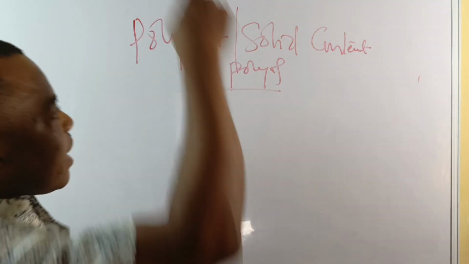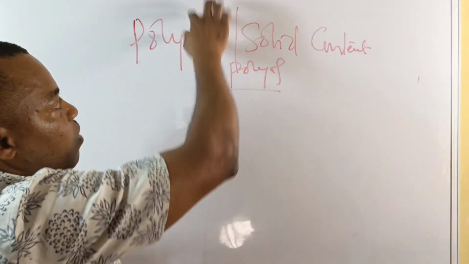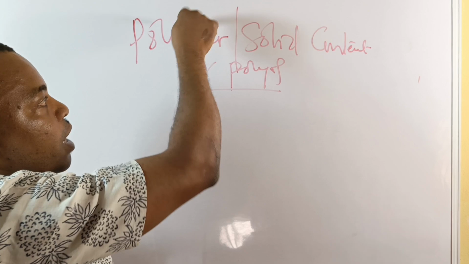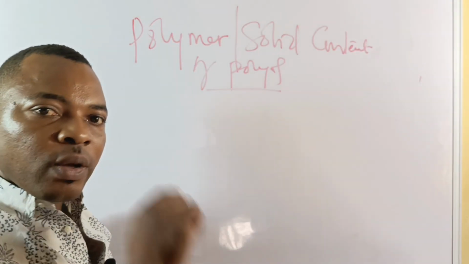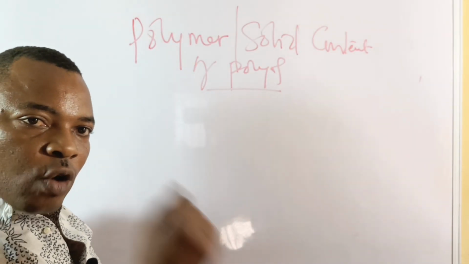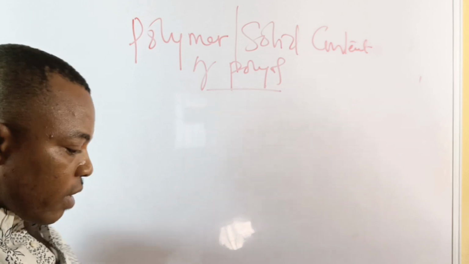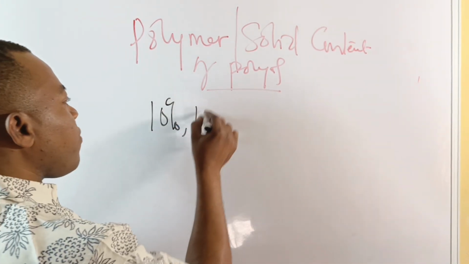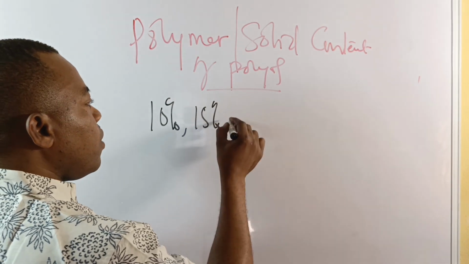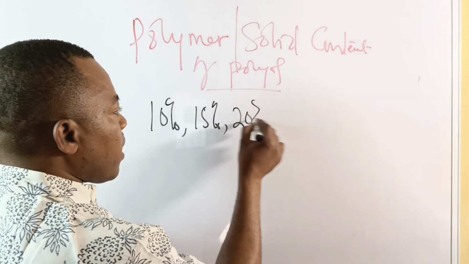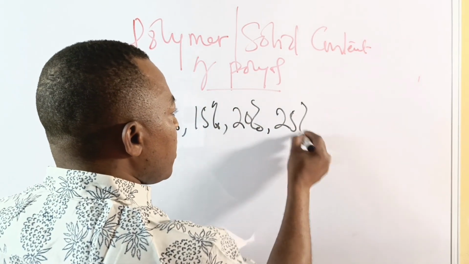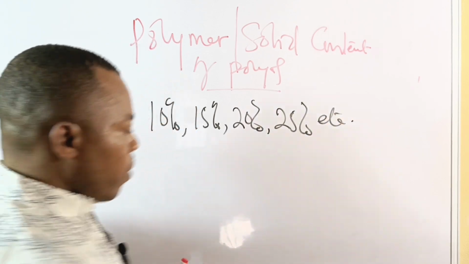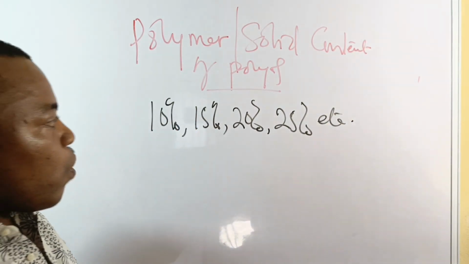That means the percentage of this material with respect to all the polyol that is introduced in that polyol system. So it comes in various percentages. You have 10% in the market, you have 15%, you have 20%, you have 25% in the market, etc. You understand? So it all depends on what you want.